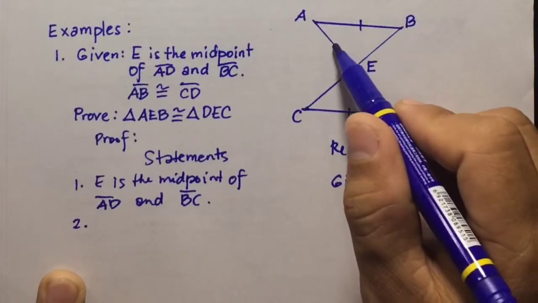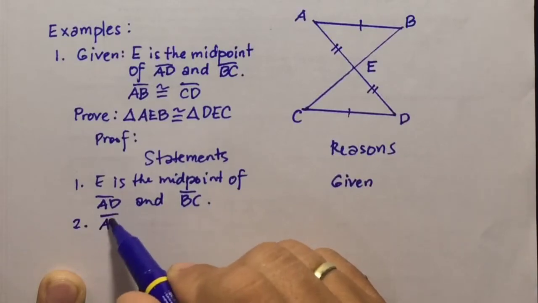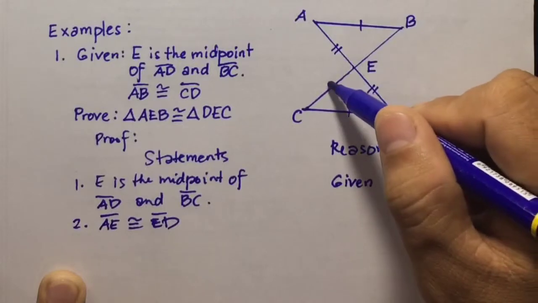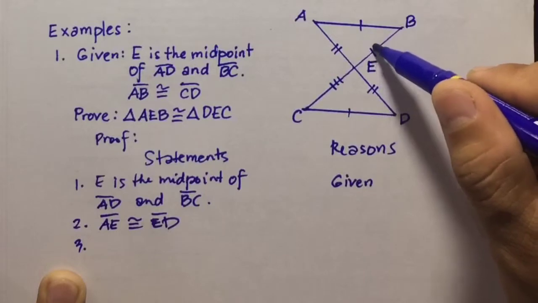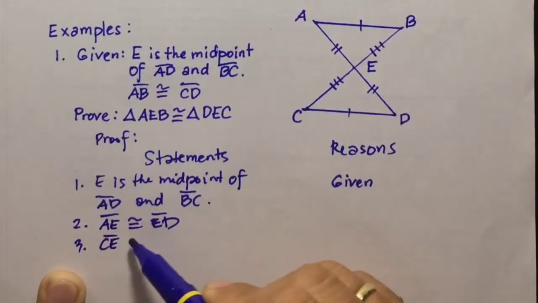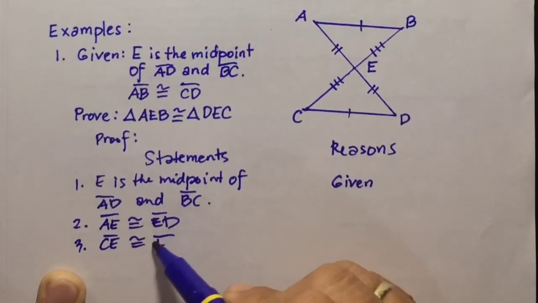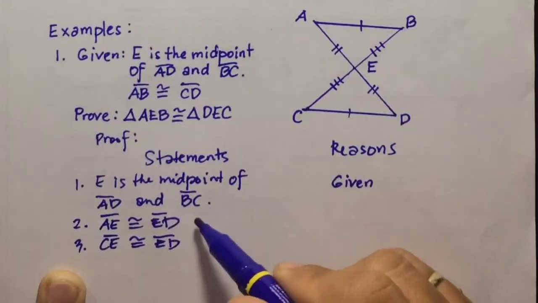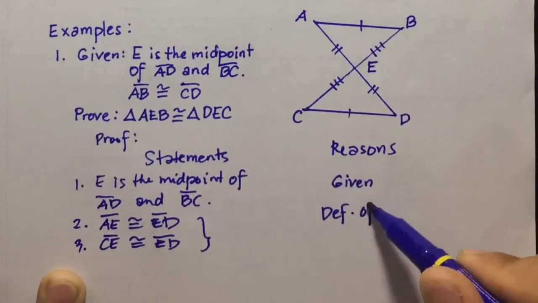So we can say that AE is congruent to ED, and also CE is congruent to EB. The reason here for the two is definition of midpoint.